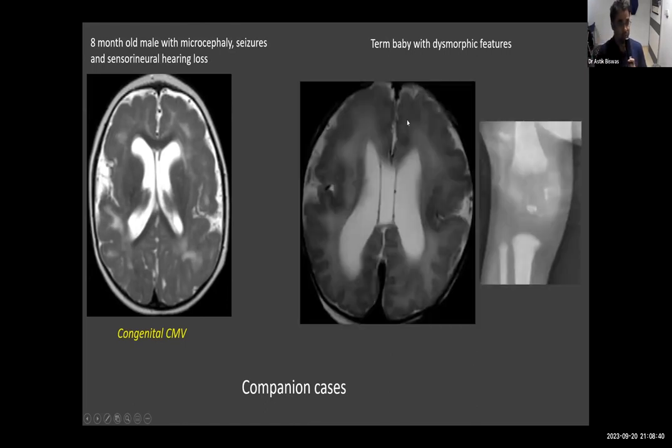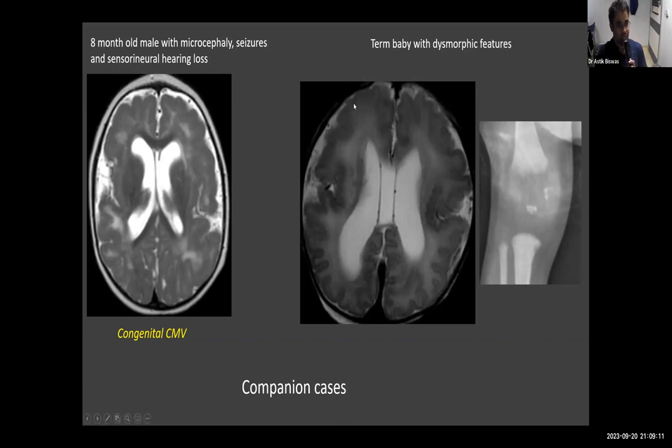Whereas this other baby with dysmorphic features, again on the axial T2 weighted image, is not very dissimilar to this, except that the white matter changes here are a lot more confluent. Again, we see frontal and perisylvian predominant polymicrogyria here. Again, the differentiating feature clinically is very important, so constant discussion with the clinicians is extremely useful for us.